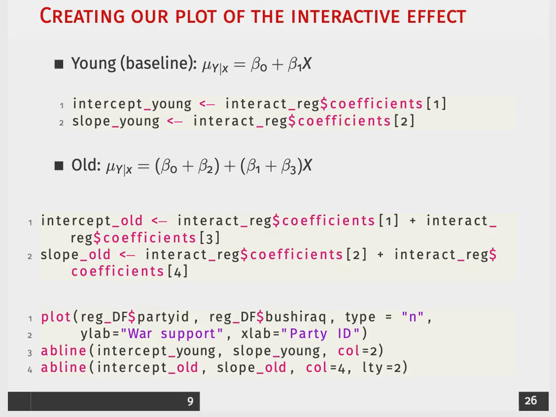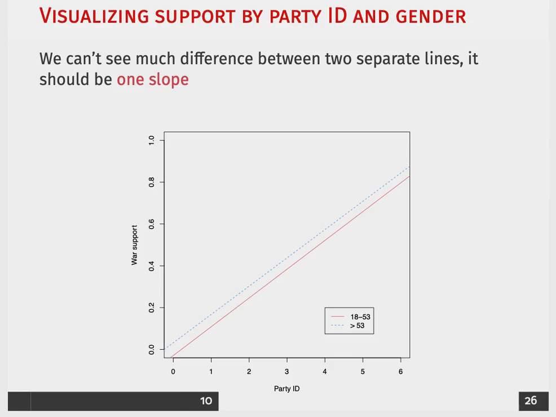We can then plot this using abline, again just telling it exactly what the y-intercept is, as well as the slope, and then I'm differentiating by color so that we can see this visually. Now, again, what we see is that there is no real indication that we should have an interactive effect between age groups, i.e., there is not a difference in slopes of the effect of party ID on support for the war by age group.